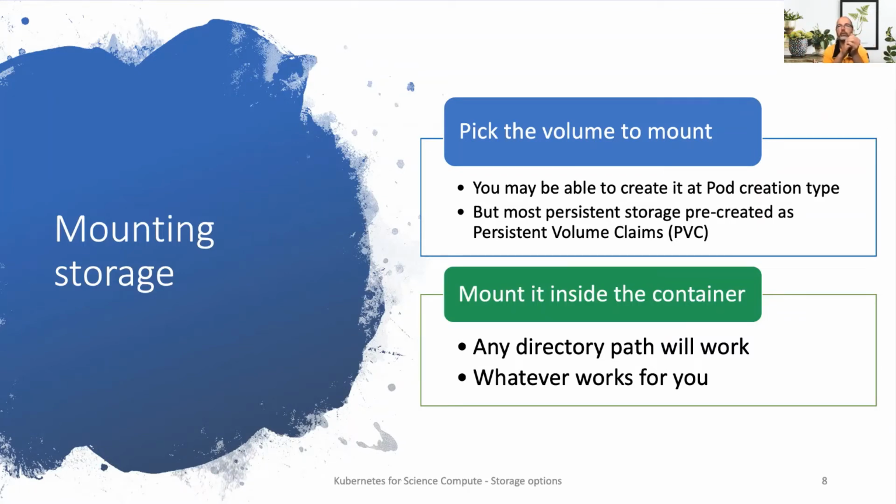And this is usually called the persistent volume claim. And once you have that volume, you can mount it inside the container, similarly to what you have done with config maps. And any directory that works for you is fine. It's your pod, your compute, and there are very few limits on what you can do there.